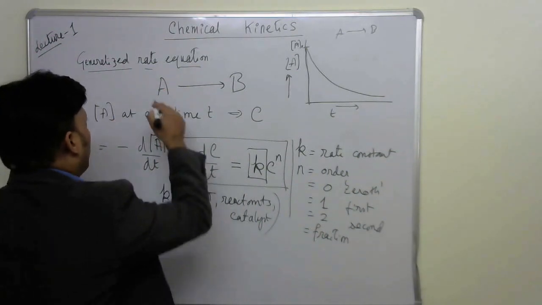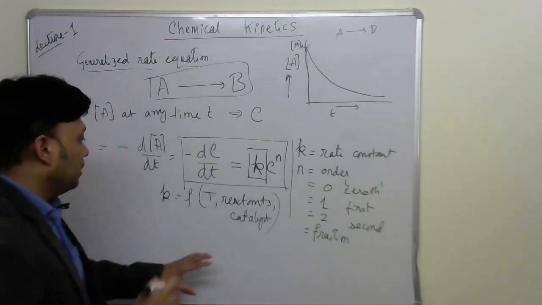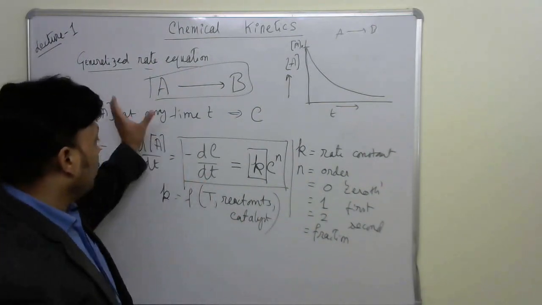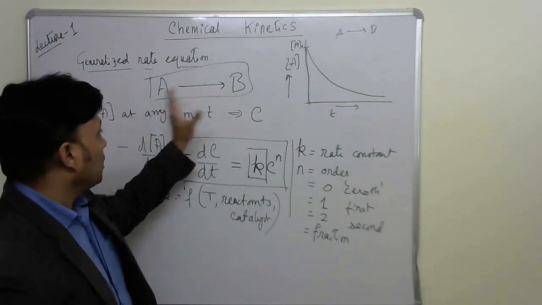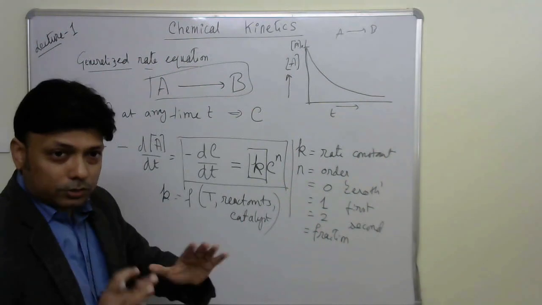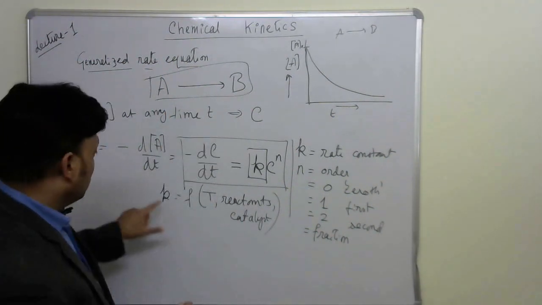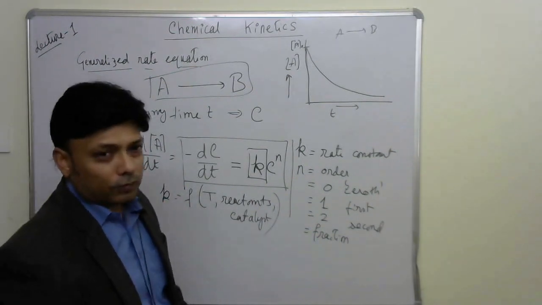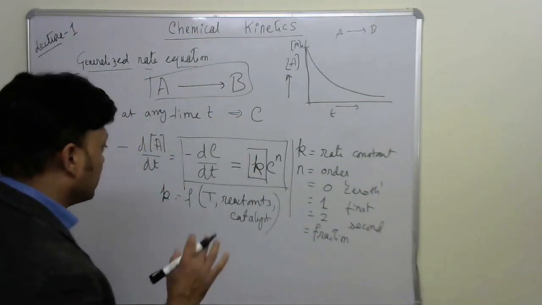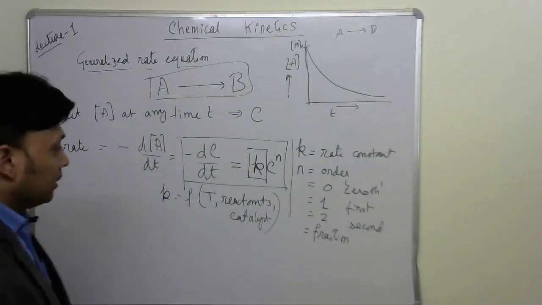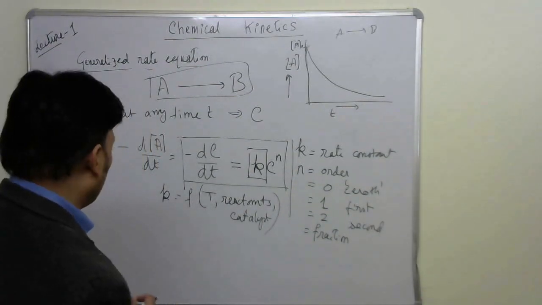For a particular reaction, that is A goes to B, it is already decided whether there is any catalyst or not, and the reactants and products, that means the mechanism, are also fixed. So for such a fixed reaction, the rate constant is only a function of temperature. Unless otherwise mentioned, the rate constant is only a function of temperature.